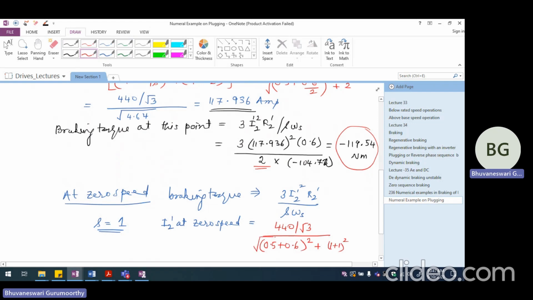So that gives the I2 value, and that comes out to be 111.3 ampere.